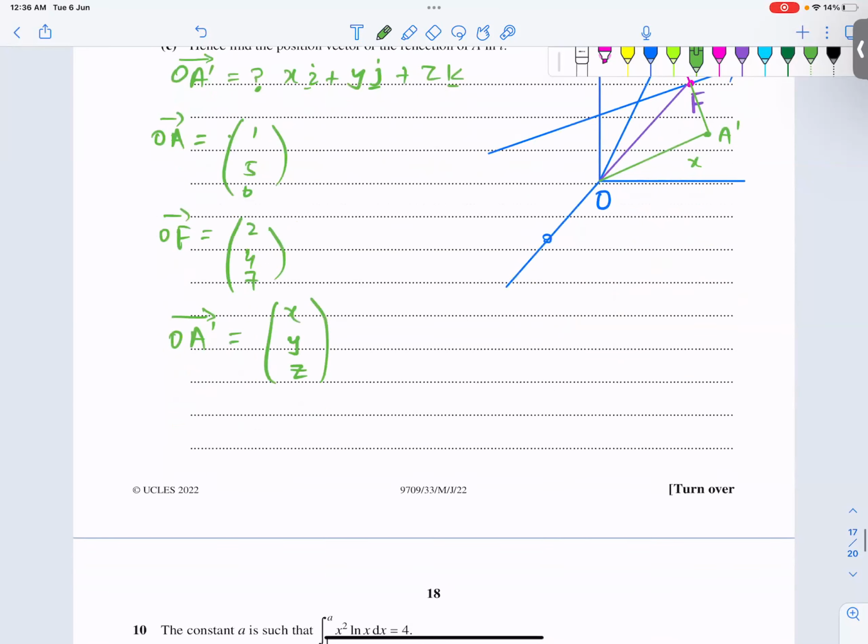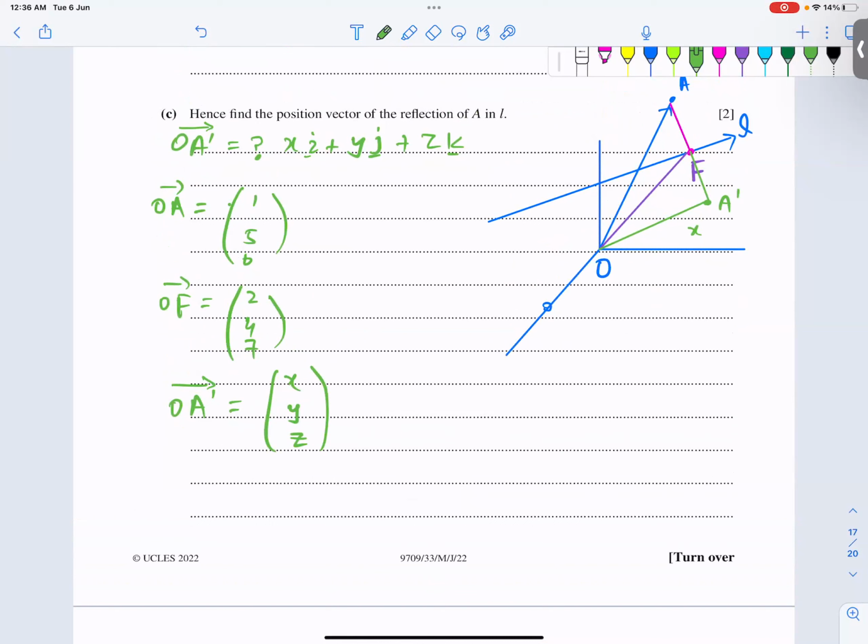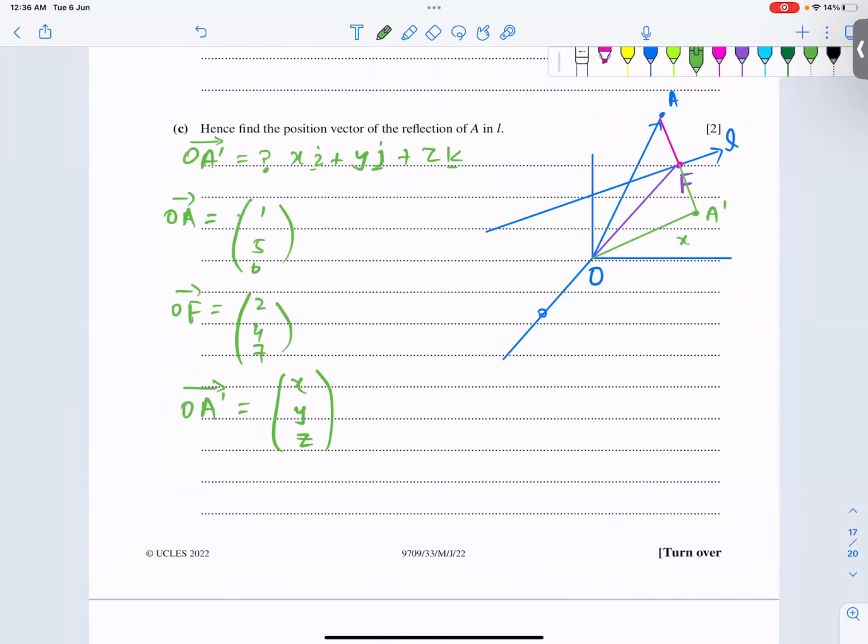Now you know the formula for midpoint, that OF is actually the midpoint of OA and OA prime. Okay, so just apply the midpoint formula.